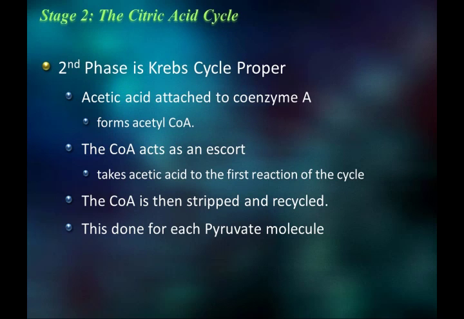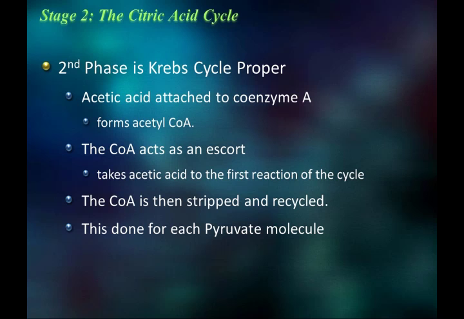Now, from here, the acetic acid, before it goes into the Krebs cycle proper, attaches to what is known as coenzyme A. I say that this is like going to the prom. The person gets dressed up for the prom, and now they have to go find their date. And so coenzyme A is the date, and when it binds with this, it forms acetyl coenzyme A, or acetyl-CoA. And this acts as the escort, is going to take each one of those acetic acid molecules through the Krebs cycle proper.